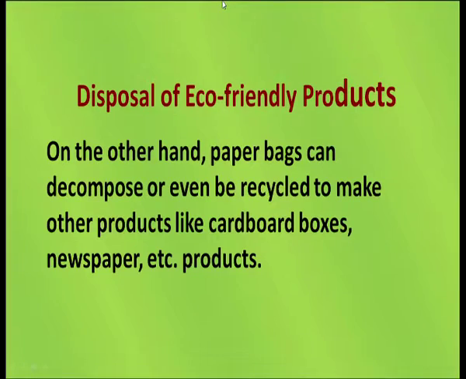So, they are non-biodegradable. On the other hand, paper bags can decompose and even be recycled to make other products like cardboard boxes, newspapers, etc. So, this is an example of eco-friendly products on the basis of disposal.